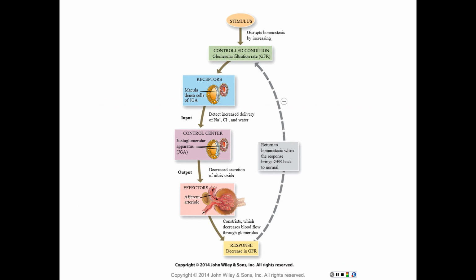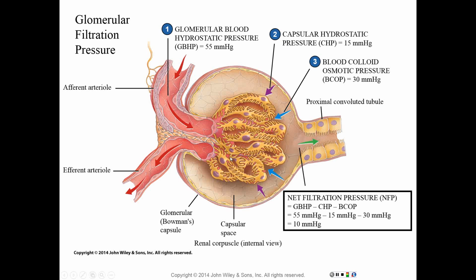Now let me back up for just one second because this is a nice picture to look at. Forget the values and things here, and let's take a look at what we've got with the glomerulus. You should note, and I think I mentioned this in class already, that the afferent arteriole is wider. So there actually is more blood coming in than going out.